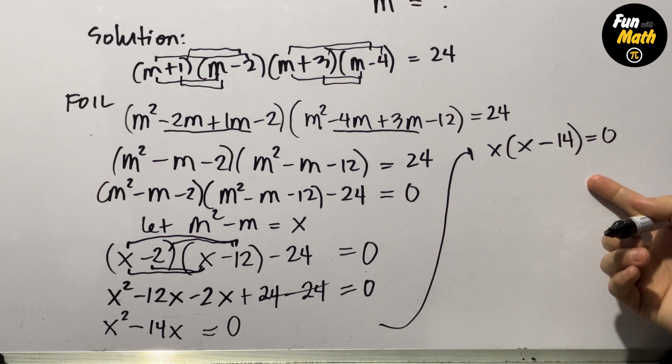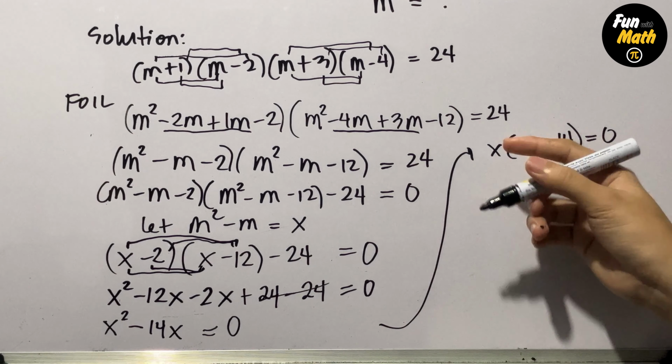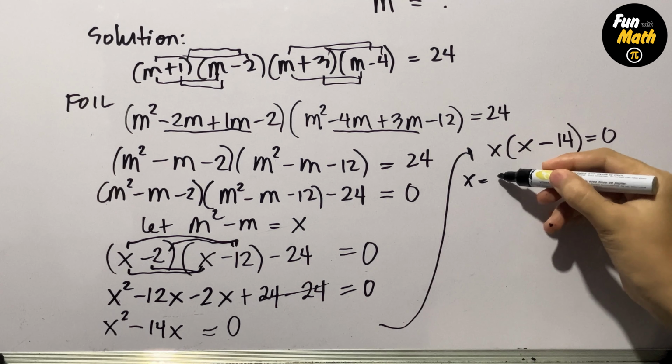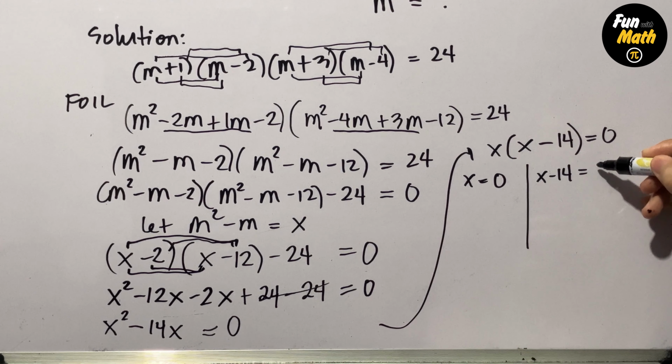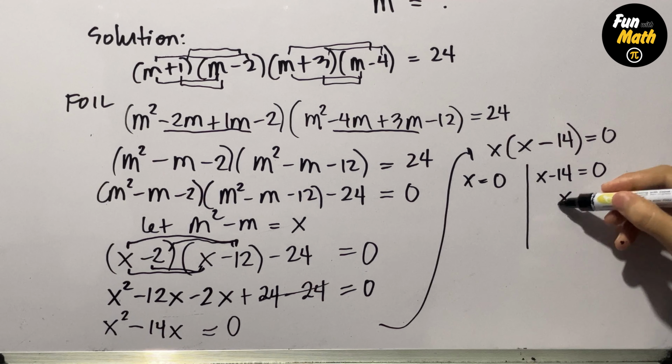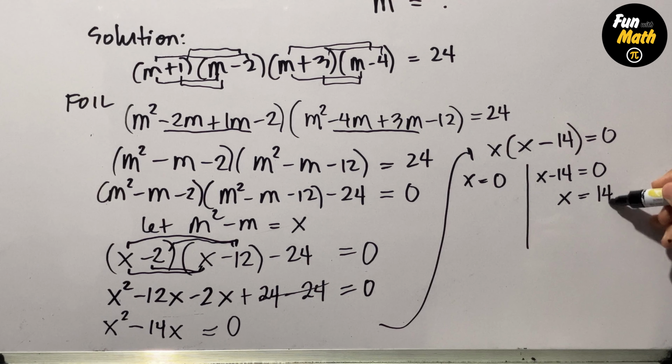Now for this, we equate each factor to 0. First is x is equal to 0. The other one is x minus 14 is equal to 0, and this is x is equal to positive 14. So we have the values for x: x is equal to 0, and the other one is x is equal to 14.